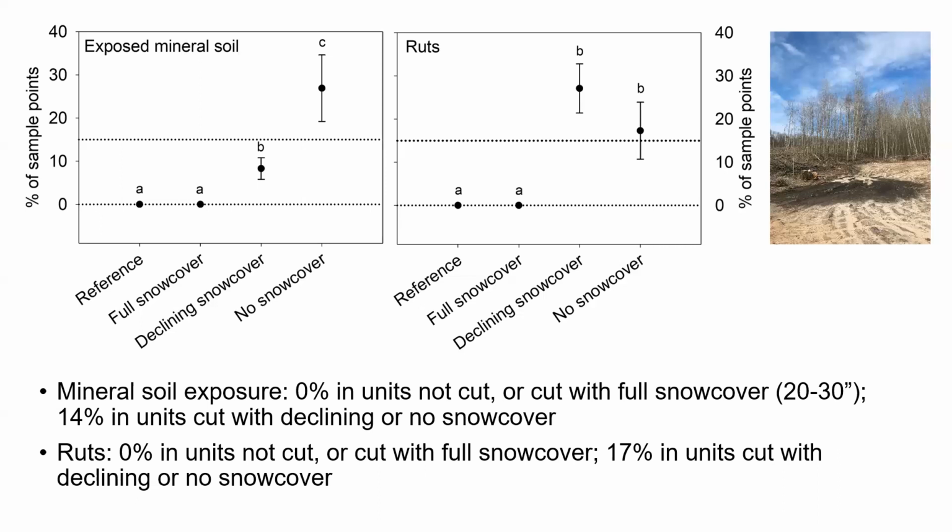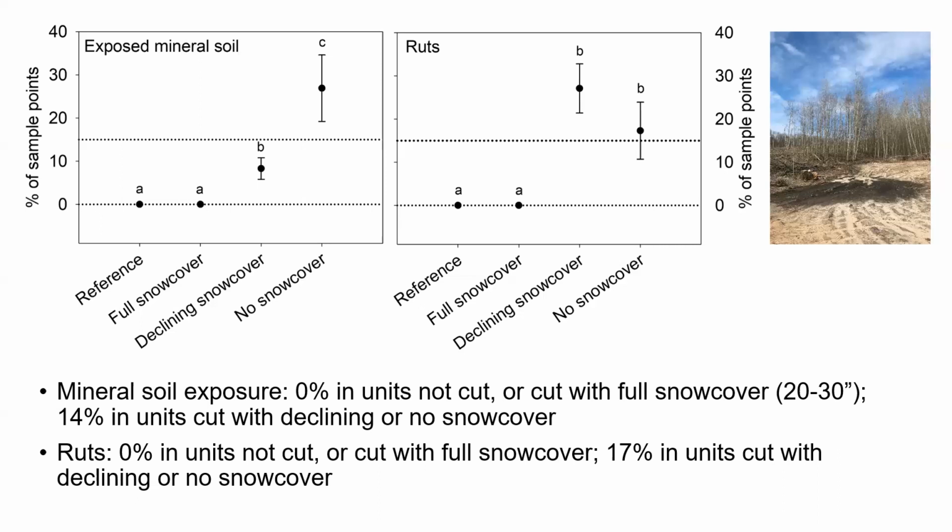Mineral soil exposure, I've included reference lines here for 0% of sample points, and then also 15% of sample points. 15% is a rule of thumb for aspen birch forestry in the lake states that the Forest Service often uses. We know we're doing okay if we're below 15%.